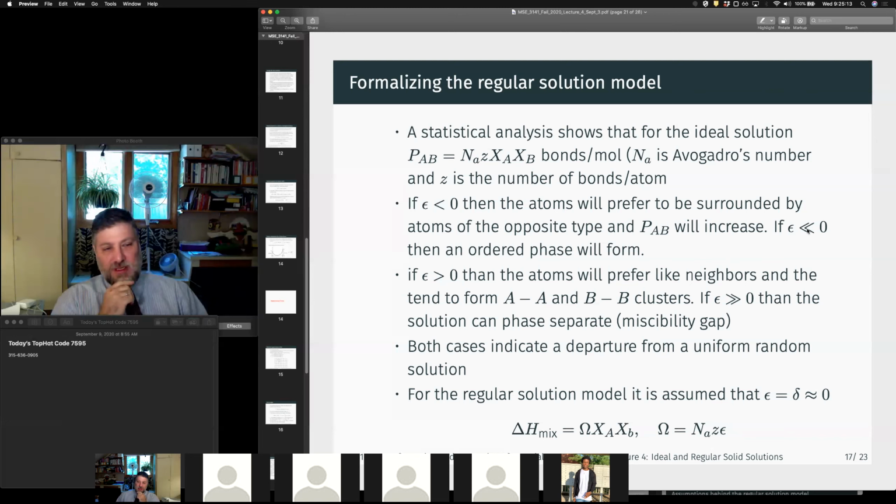If epsilon is much, much less than 0, then there's a really strong energetic preference for AB over AA and BB.